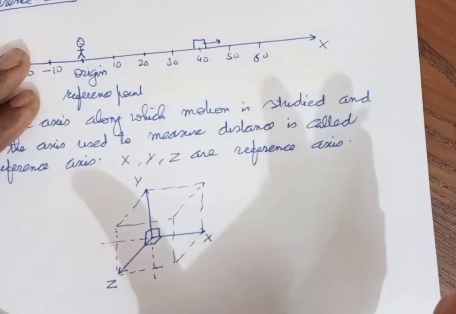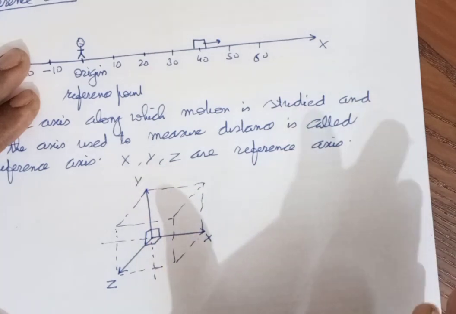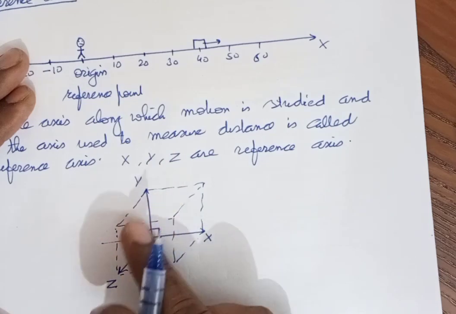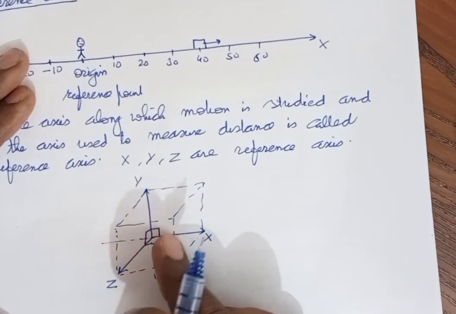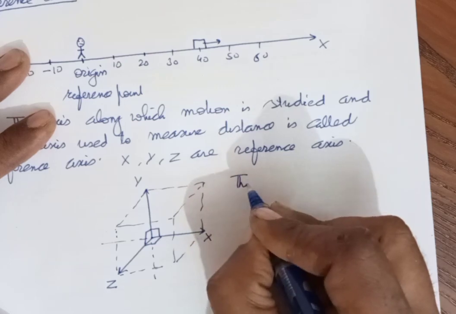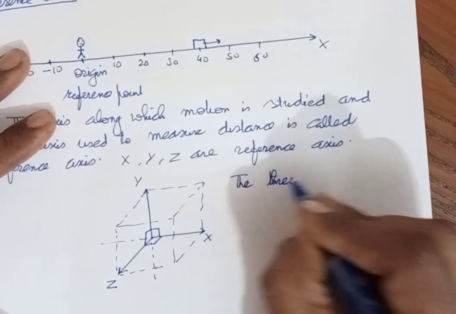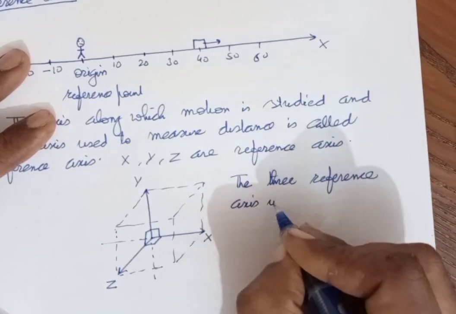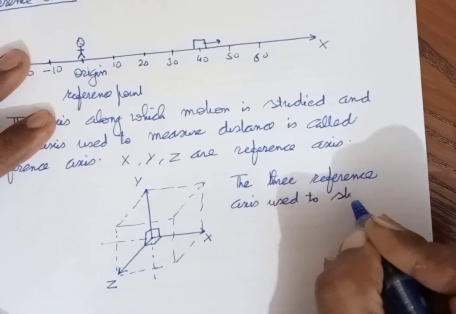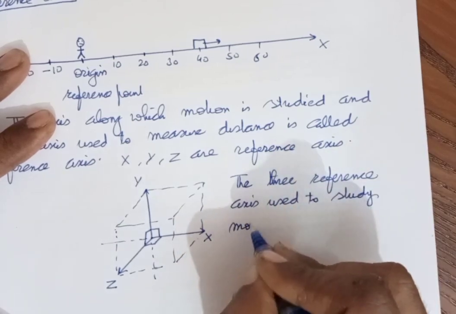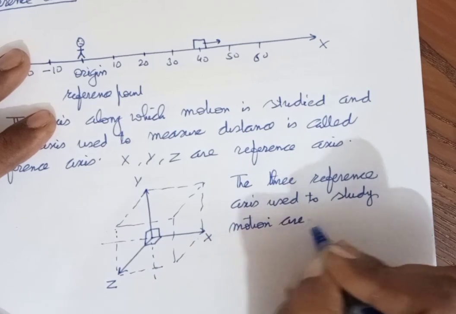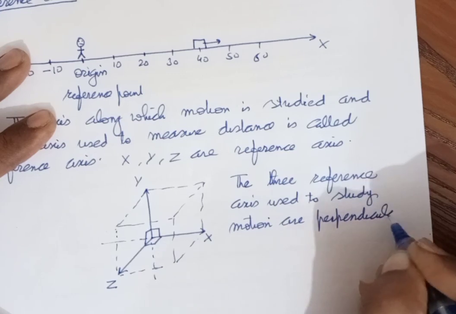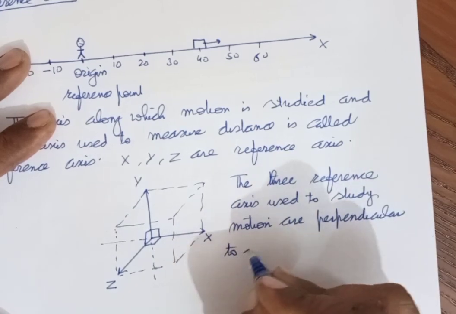So the three reference axes which are used to study motion are orthogonal to each other, means these are perpendicular to each other. The three reference axes used to study motion are mutually perpendicular to each other.